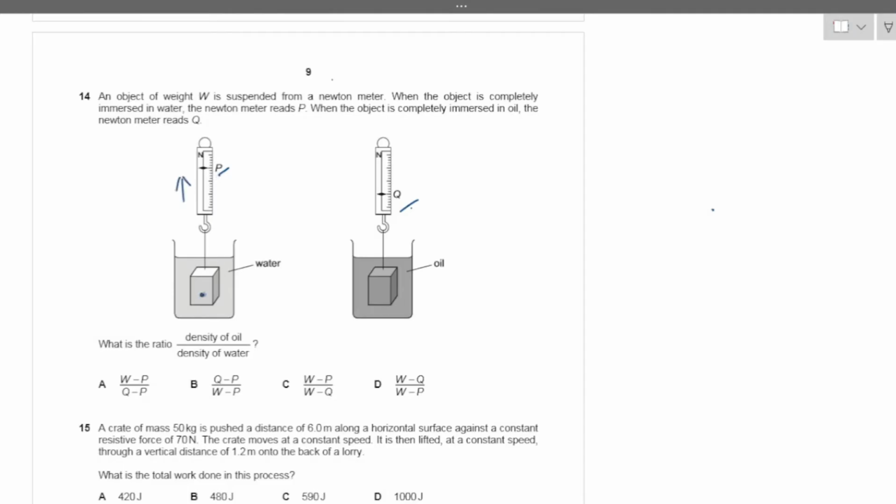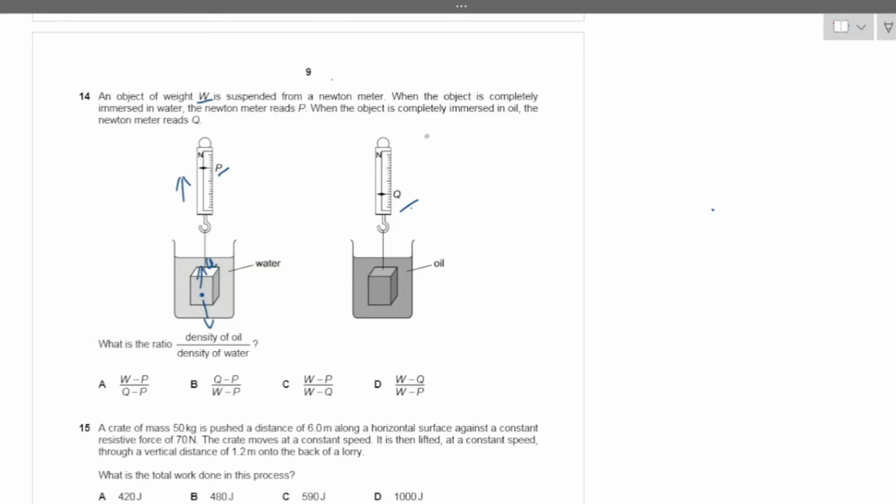Why? Because weight is one downward force, and upthrust is one of the upward forces. Now the Newton meter has to pull upwards with some force that would keep this weight stationary. Similarly is the case with the force Q in the oil. Therefore, we can say upward forces must equal the downward forces in order for this weight to be stationary.